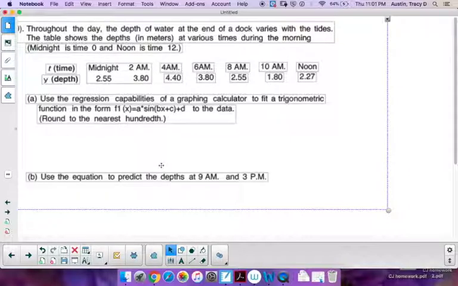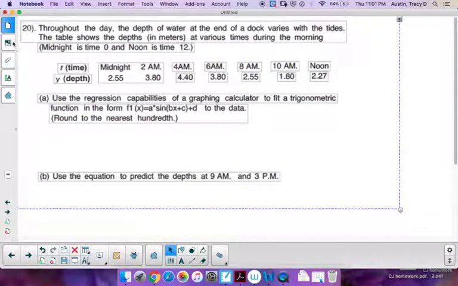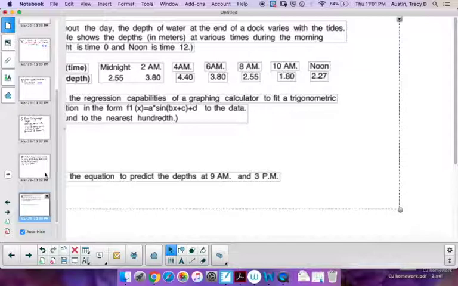Don't worry about the C, we don't do that. But you should be able to write the equation, and you should be able to plug in 9 a.m. and 3 p.m., since midnight is time 0. And you should be able to solve that. So that's a good bit that you should actually be able to do.